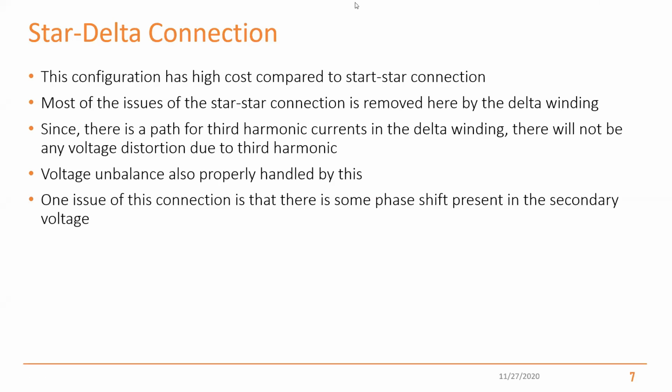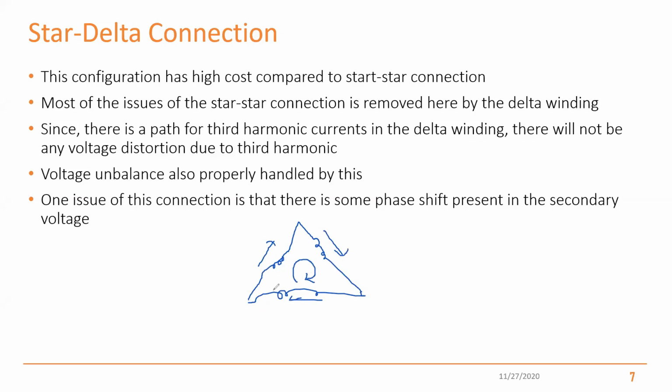In the third harmonic problem also, if you consider the delta winding, the third harmonic voltages applied here cause a circulating current to pass through all the windings.